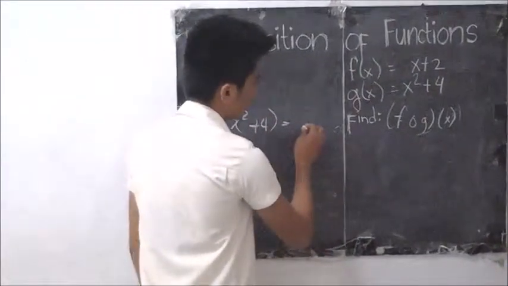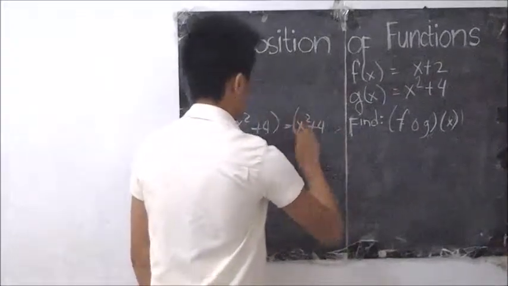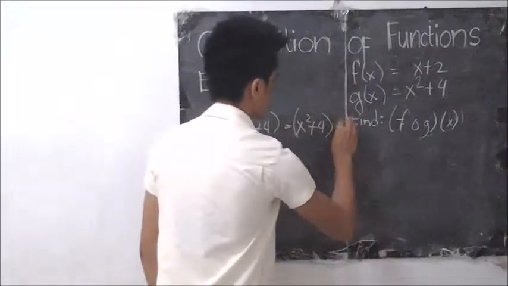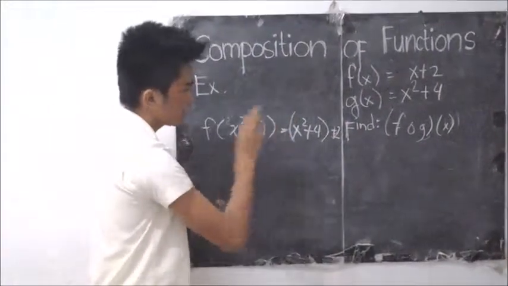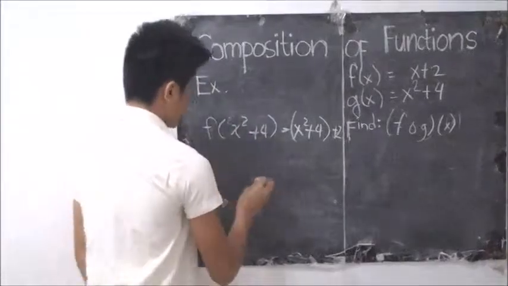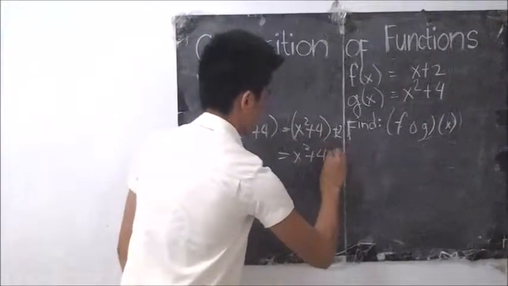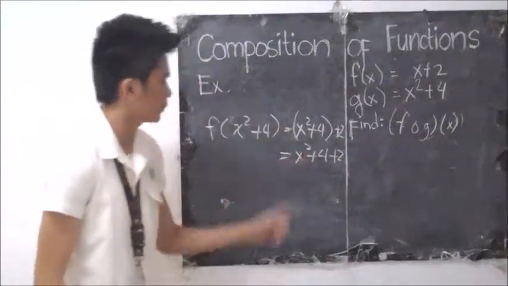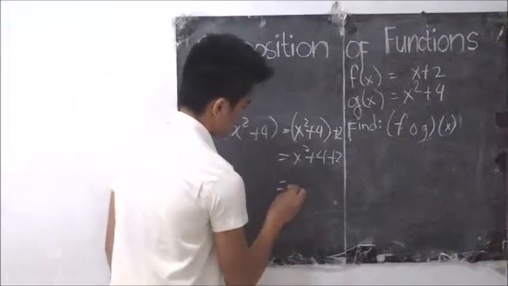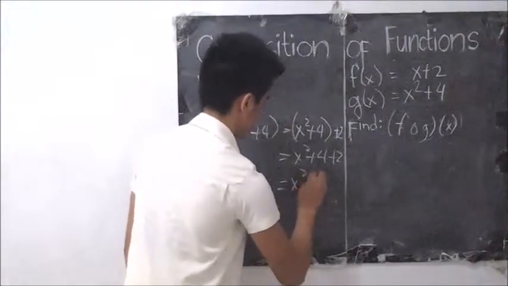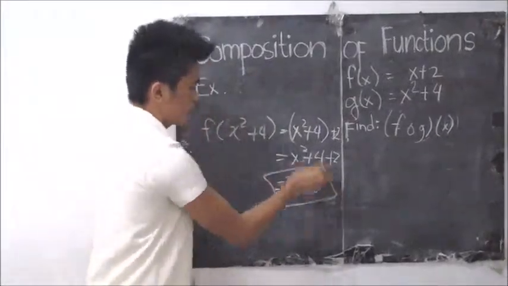And then it will become x squared plus 4 plus 2. Then manipulate it by removing the parentheses. It will become x squared plus 4 plus 2. Then, combine like terms. The final answer is x squared plus 6.